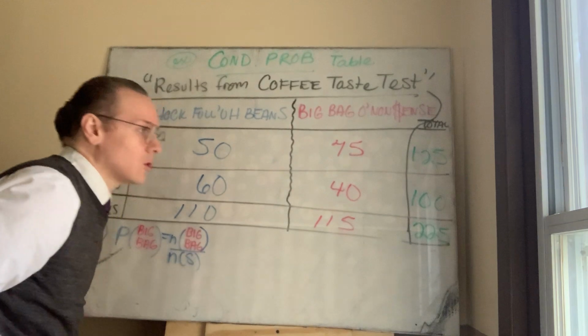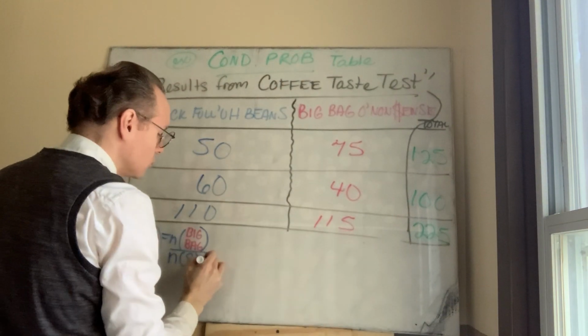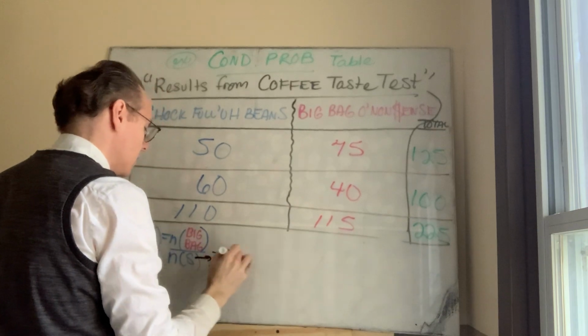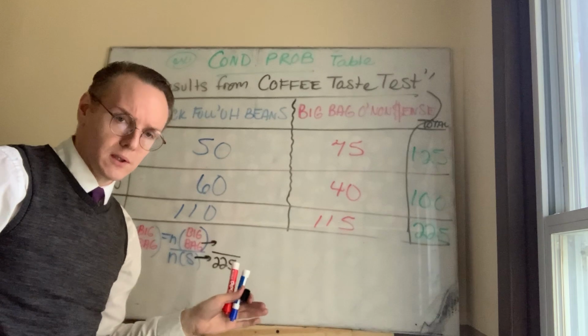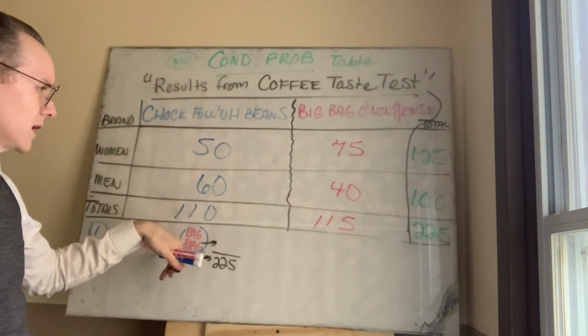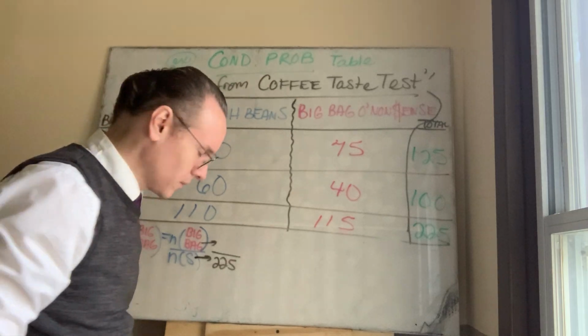What is the total number of people out of the entire survey? 225, because they're not specifying male or female. But generally those that like Big Bag of Nonsense, 115.